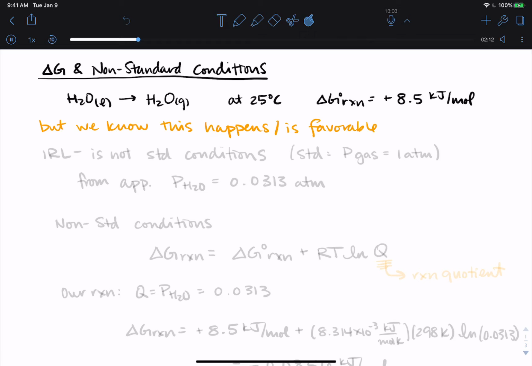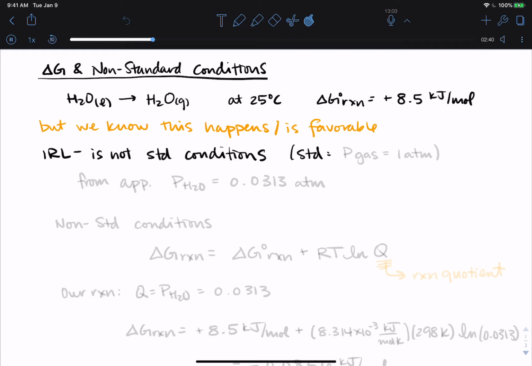So the issue is that the in real life version is not standard conditions. Even if it's 25 degrees, remember that's only one part. The other part of standard conditions is that the liquid has to be pure. We could assume that we have pure water, so that would be fine.